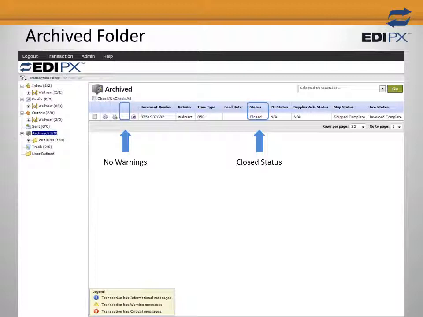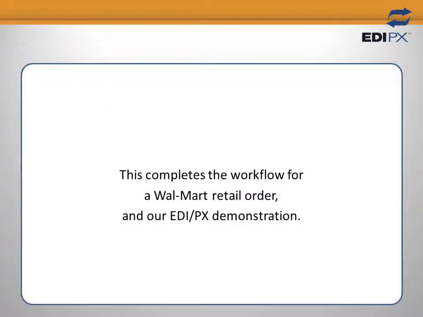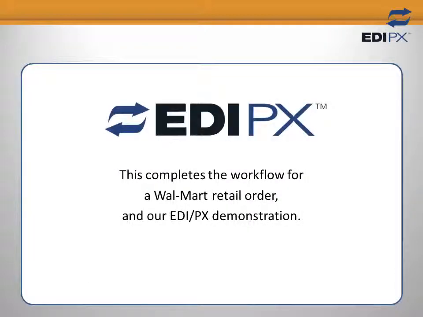Now you can see that the purchase order is both shipped and invoiced complete. EDIPX will automatically archive the completed purchase order for you because you completed all the required steps according to the defined workflow. This completes the workflow for a Walmart retail order and our EDIPX demonstration. Thank you very much.